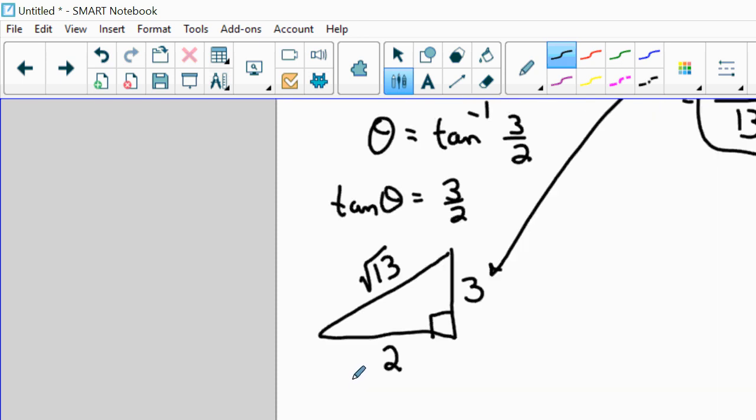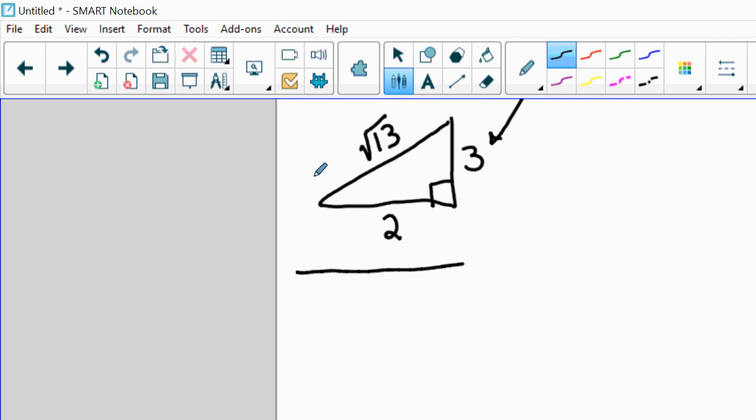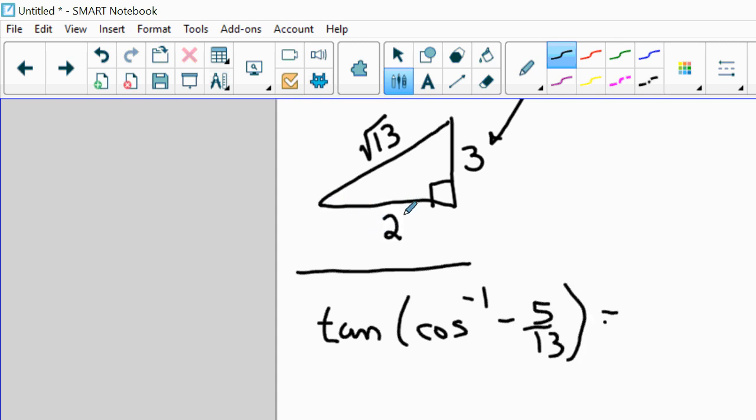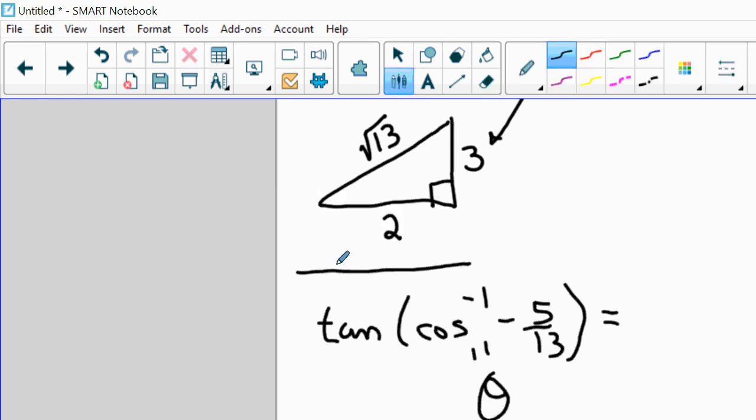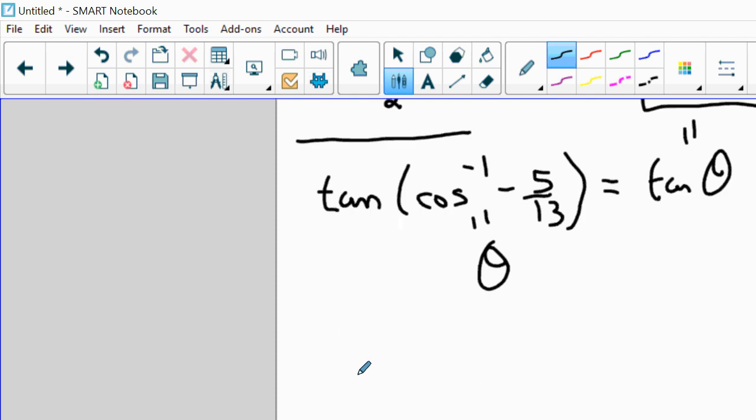Let's work another. Tangent of cosine inverse of negative 5/13 equals theta. That would be wrong, because tangent of an angle equals a number, and we know this is an angle. So it's tangent of theta equals, I don't know. But here's what we're going to do.